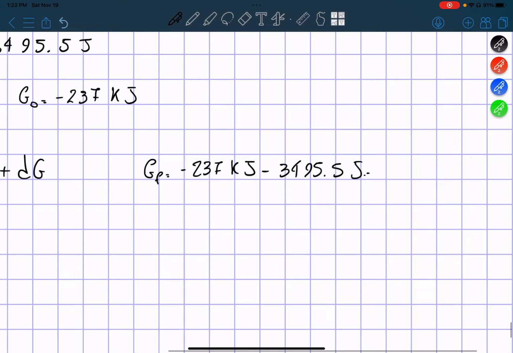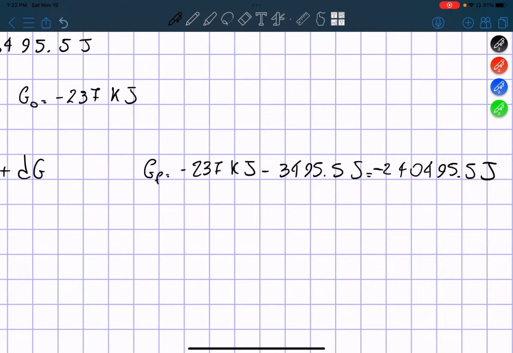And we get 240,495.5 joules, or just 240.5 kilojoules, of course with a negative in front.